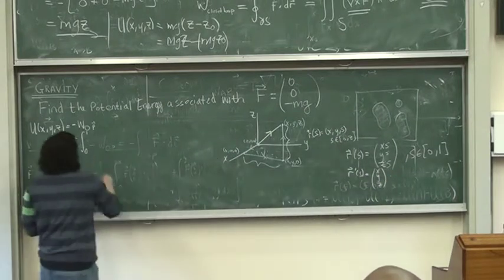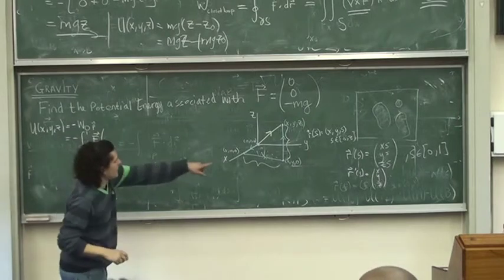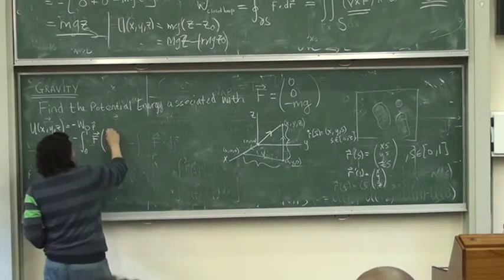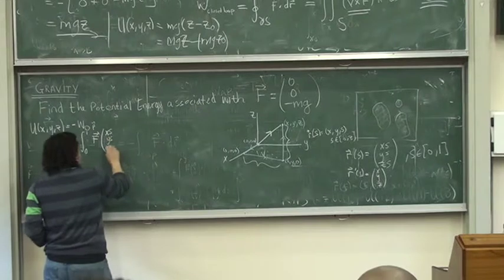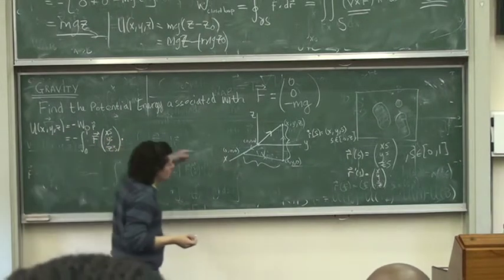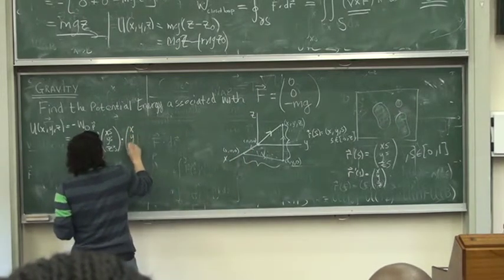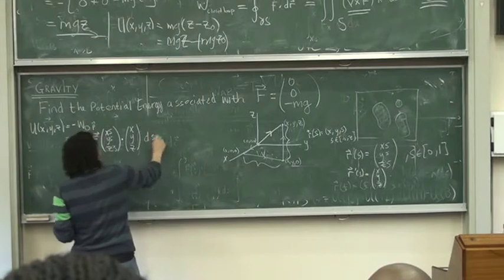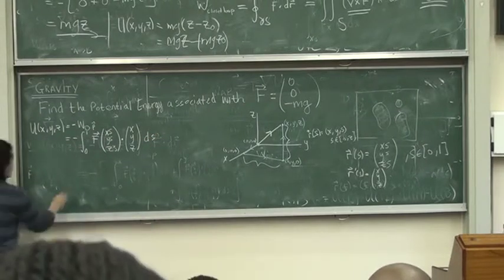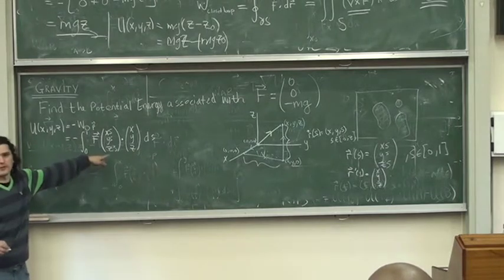Alright, so I immediately write F evaluated at x(s), y(s), z(s) dot r prime of s, x, y, z, ds. Alright, what's F evaluated at this point?